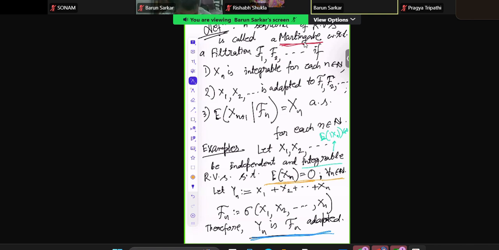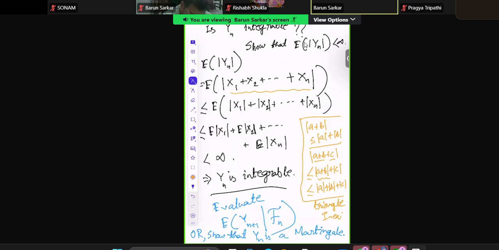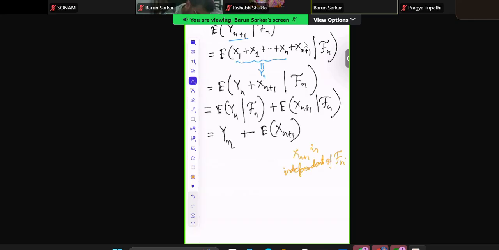So therefore this part is 0. So what we have is nothing but Yn. And all these things hold almost surely, because all the properties of conditional expectation hold almost surely.